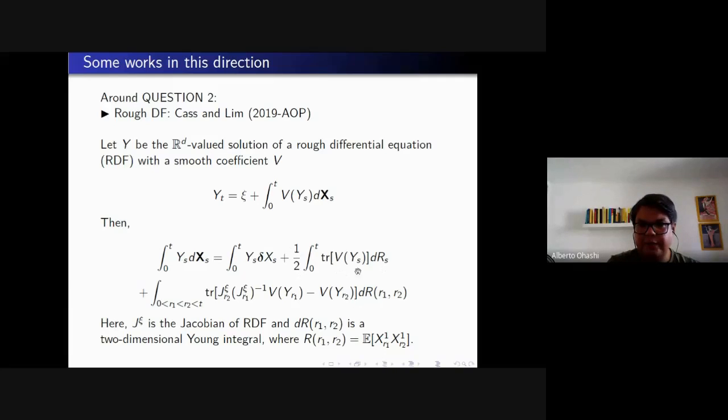This remainder term here depends on the derivative of your solution. So this is the Jacobian of the rough differential equation, the derivative of this solution here with respect to the initial condition. And this double integral here is a two-dimensional Young integral, where R is the covariance of the Gaussian process. And this one-dimensional integral here is the variance, as I introduced before.